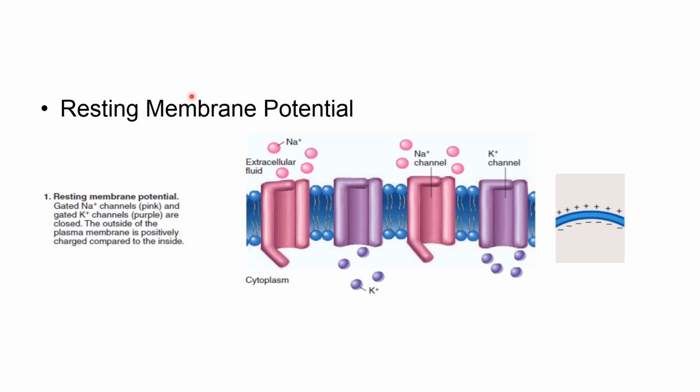Then these charges can passively flow through facilitated diffusion, that is through channels, but these are mostly closed channels. For sodium, they are always closed, and for potassium, there are a few open channels. So if these closed channels get open, there could be a change in potential.